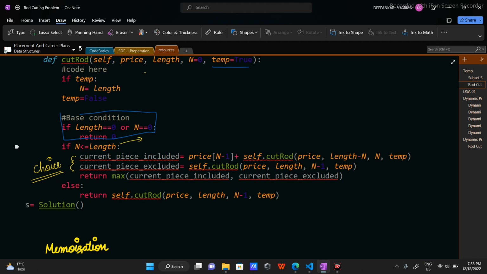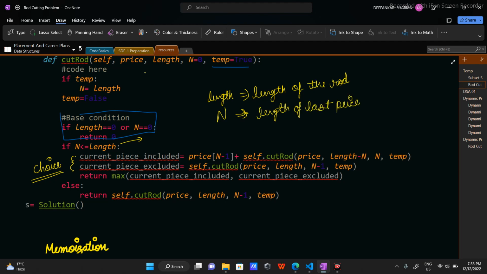See, length here means the length of the rod, and n refers to the length of last piece. So price of n minus 1 is going to be the cost of the last piece. Why n minus 1? Because this is a zero indexed array.